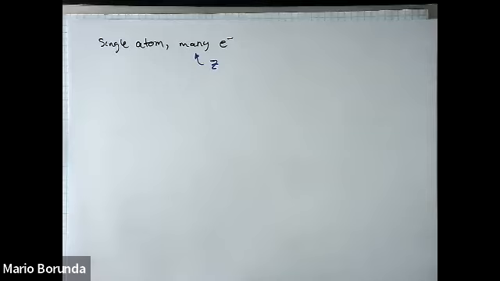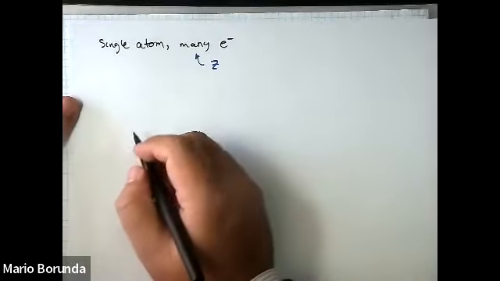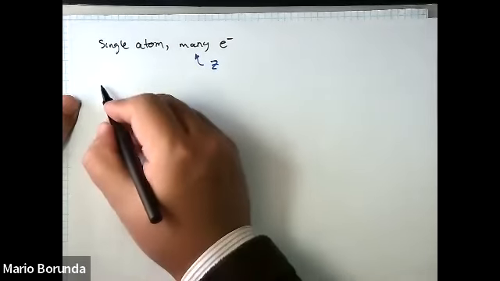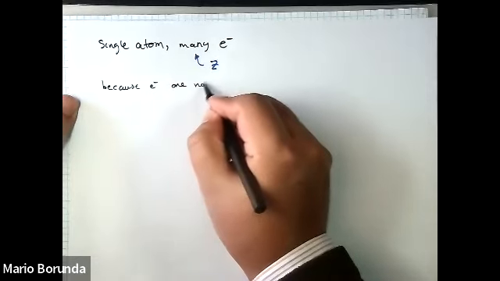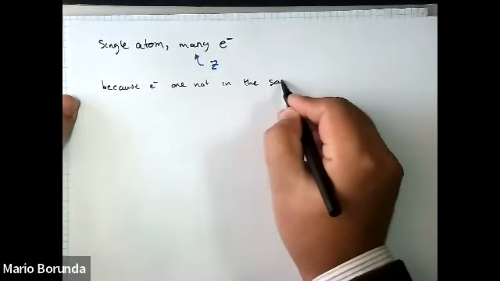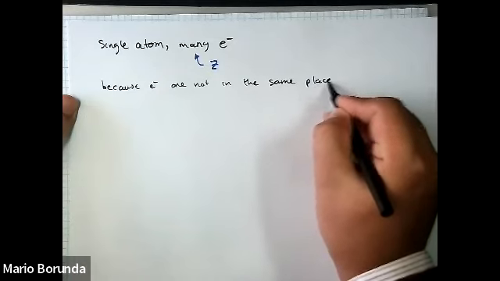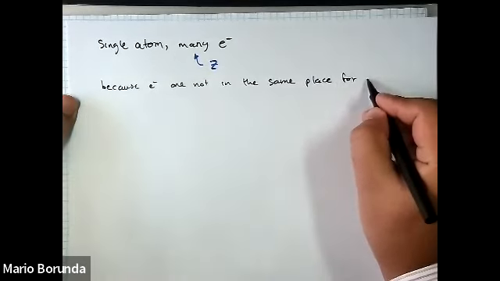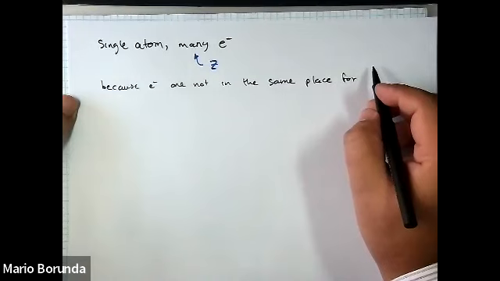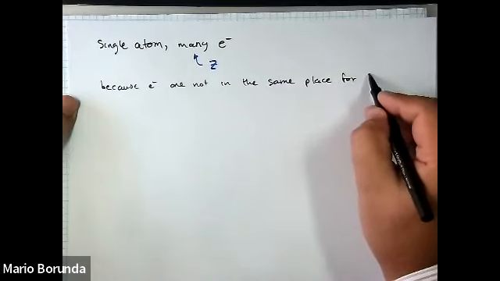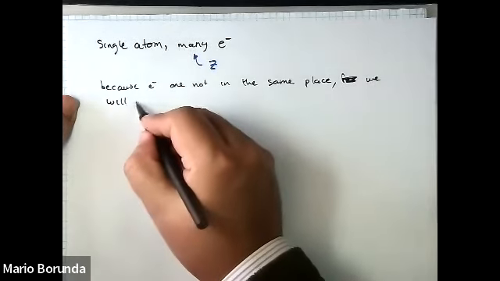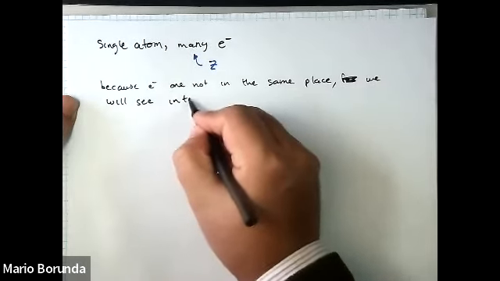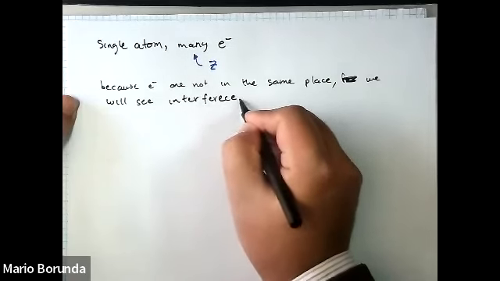And because the electrons are not in the same place, for the atom, what we will see is interference from these electrons coming in.